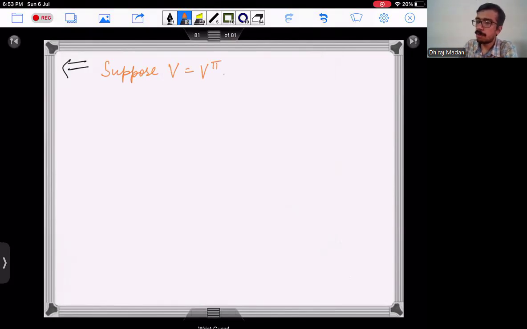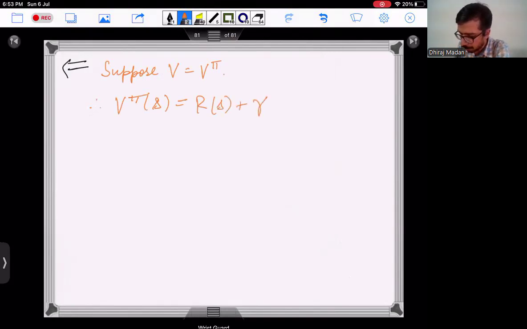Okay. Then what's going to happen? Now V pi must satisfy the condition that V pi of S is R of S plus gamma times sum over S prime P of S prime given S and pi S, V pi of S prime.